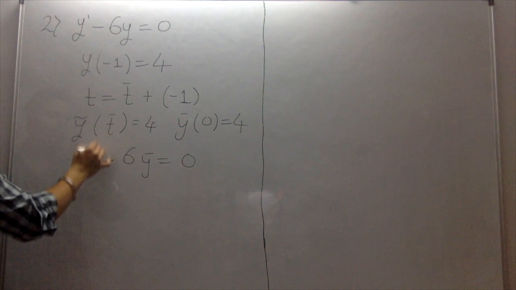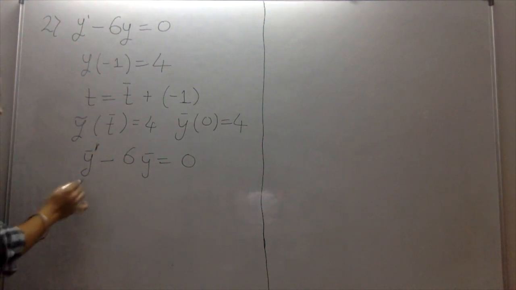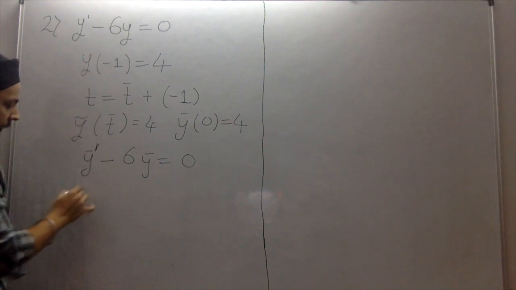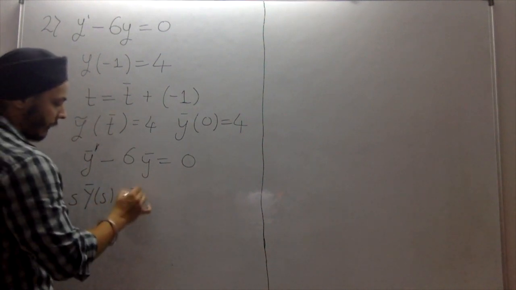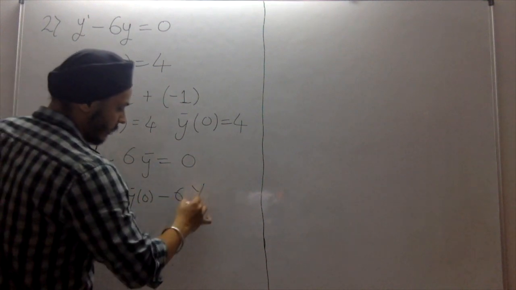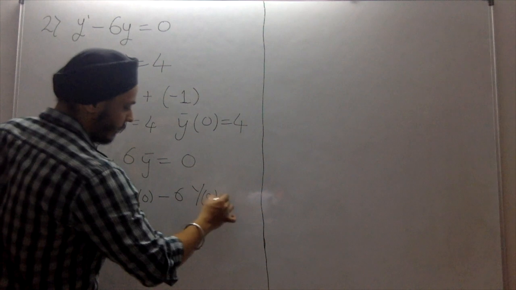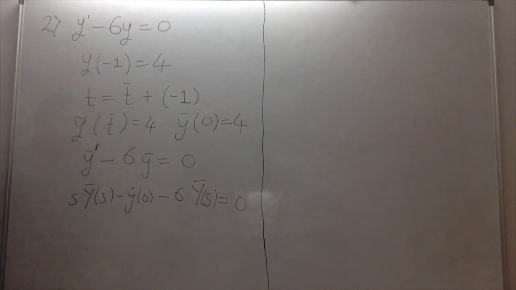Now let us apply Laplace transformation on both the sides. The Laplace transformation of y bar prime will be s times y bar of s minus y bar of 0, minus 6 times y bar of s equals 0. The Laplace transformation of 0 is 0.